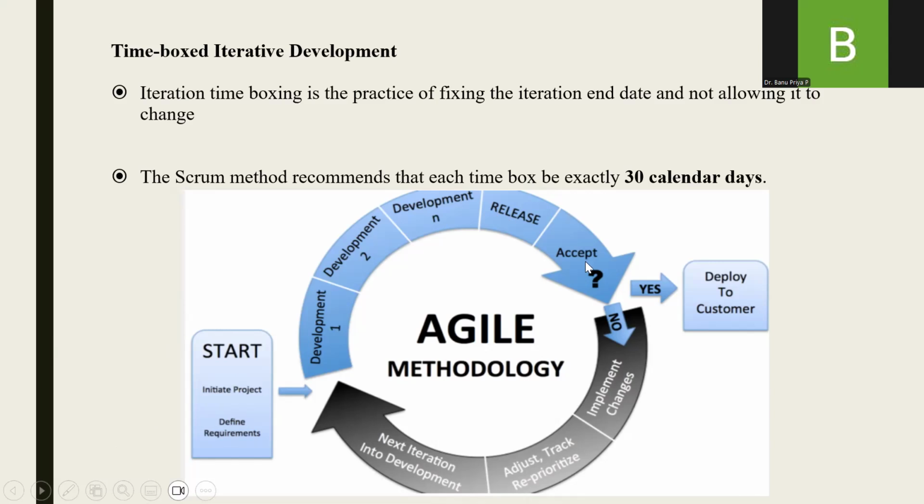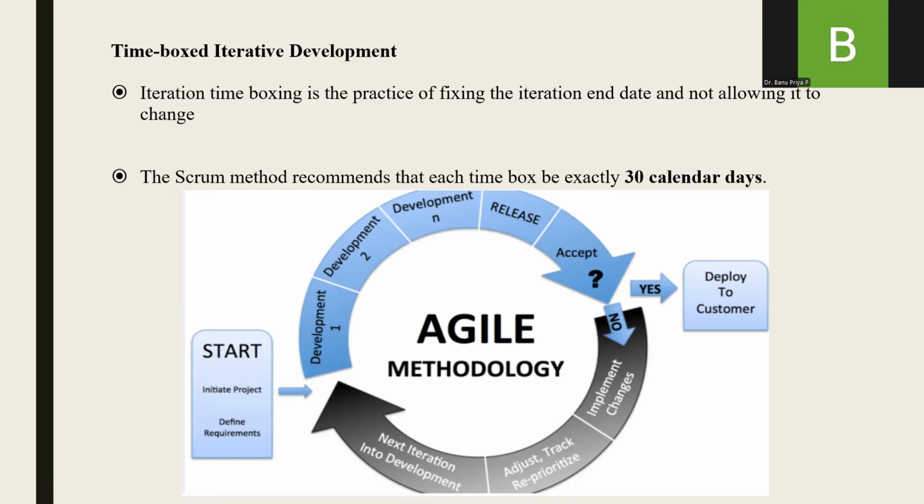If the customer is not happy with the product and it is not accepted, then we have to go back and implement the changes the customer expects. We have to track the project again, take it to the next iteration, and do the same. If it has been accepted by the customer, we can just deploy it.